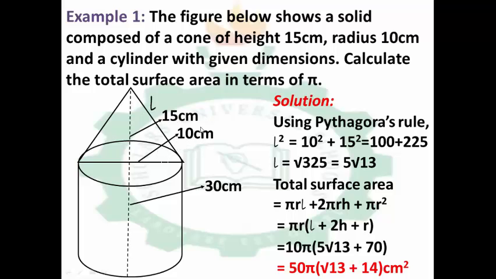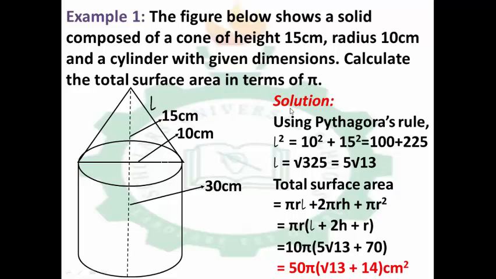Since this cone fits on the cylinder exactly, the radius of the cylinder will also be 10 centimeters. Then we are given from this diagram the height of the composite solid, and that is 30 centimeters. We have to calculate the total surface area of this solid.